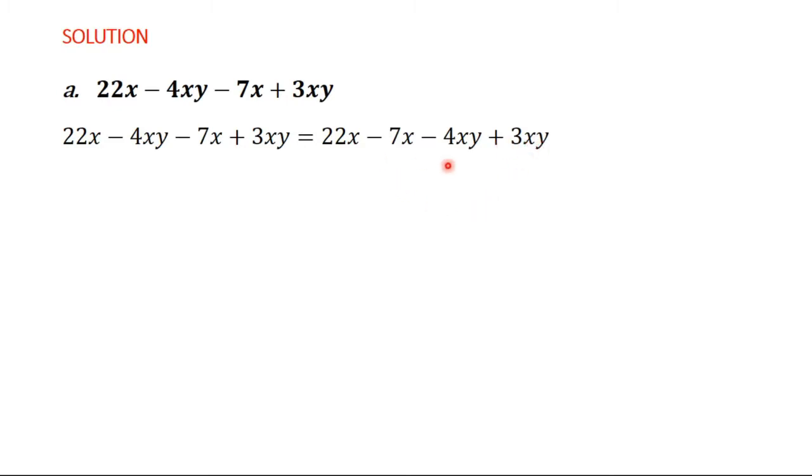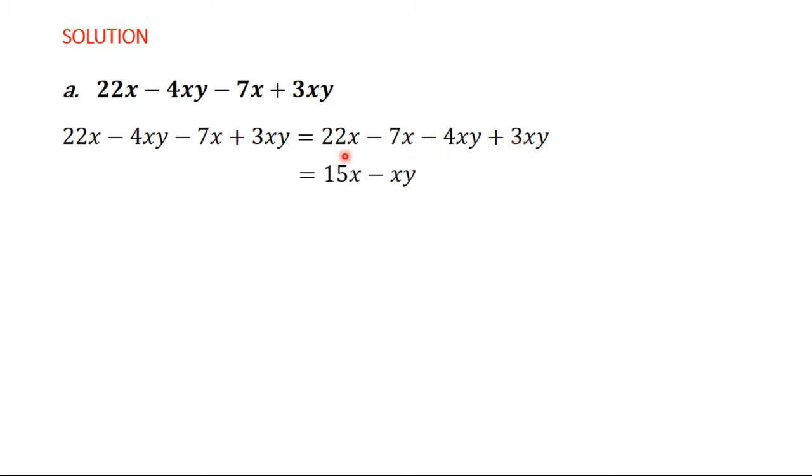So after we've grouped the like terms like this, the next step is to add or subtract the coefficients. So in the first instance, we are having 22x minus 7x. So we are going to subtract 7 from 22. So you are going to have 22 minus 7. In the second instance, we have minus 4xy plus 3xy. Once again, we are adding the coefficients. So we are going to get minus 4 plus 3.